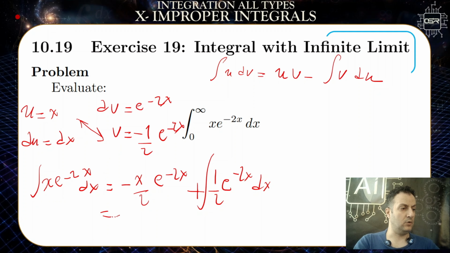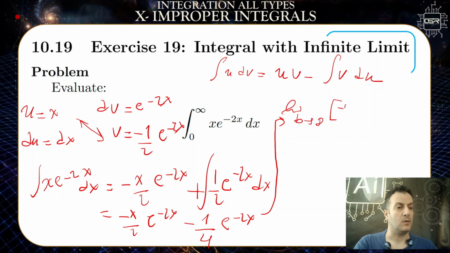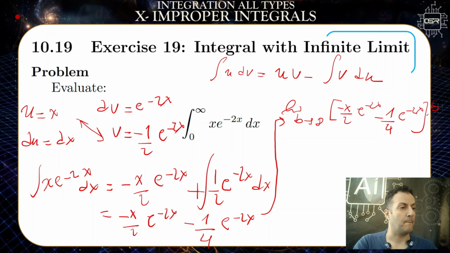Okay, equal -x/2 e^(-2x), and the integral of 1/2 e^(-2x) gives us -1/4 e^(-2x). We pull this here and we need to evaluate the limit as b approaches infinity of -x/2 e^(-2x) - 1/4 e^(-2x) between b and 0.